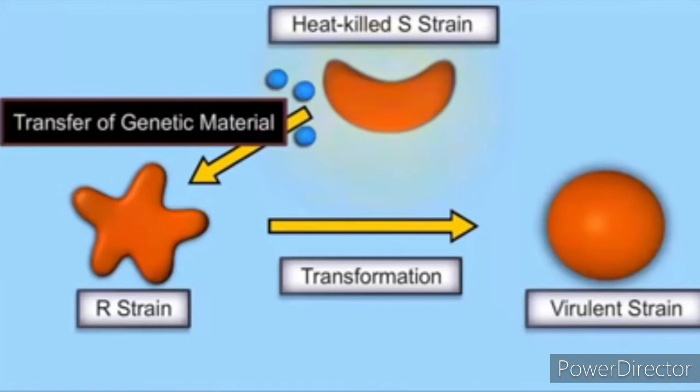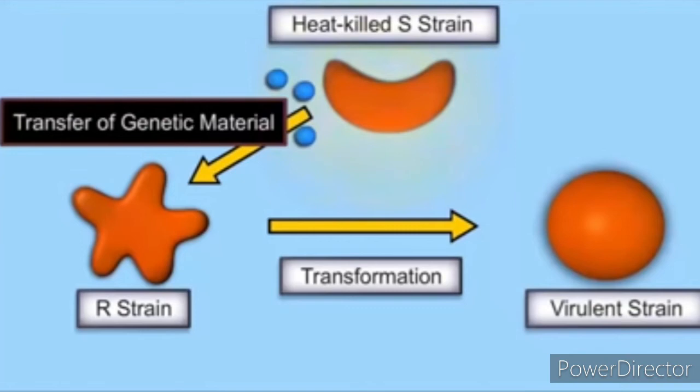Transformation is a type of gene transfer present in the bacteria. Transfer of genetic material from the dead organisms to the living organism, from the dead donor cell to the living recipient cell.